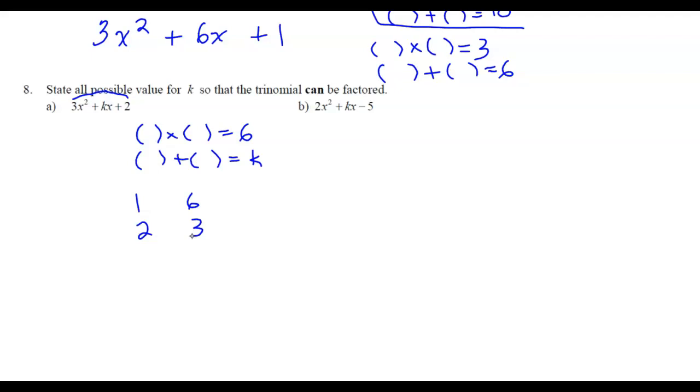What if they're both negative? You get a positive? Oh, yeah. So you could have negative 1 and negative 6, negative 2 and negative 3.